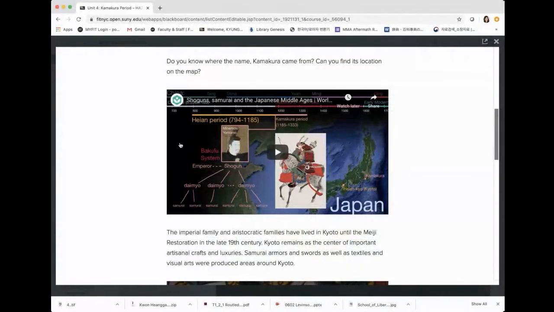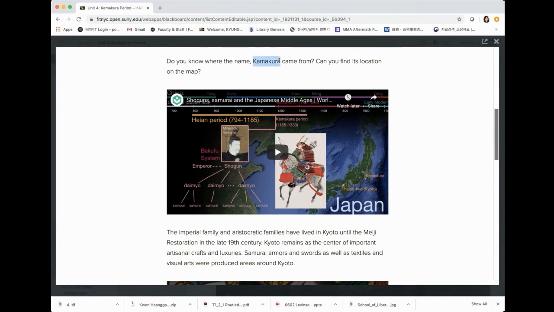And then this is really the beginning of shoguns. You probably heard of a movie entitled Shogun, or like Seven Samurai, or what else? There's another movie where Tom Cruise appears. I forgot what the name is, but that's all about the shoguns, warriors, they are politicians, and that change took place in the Kamakura period.